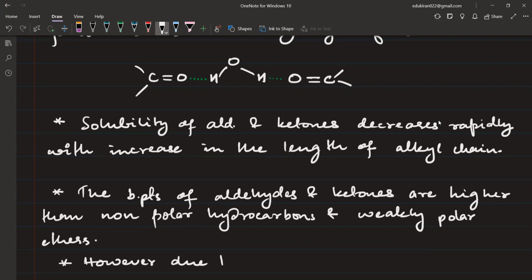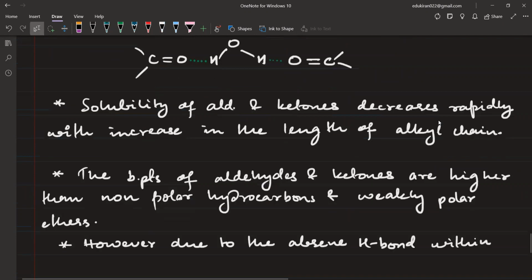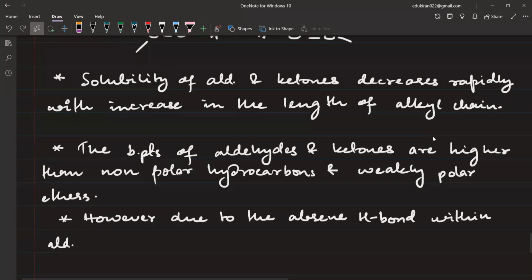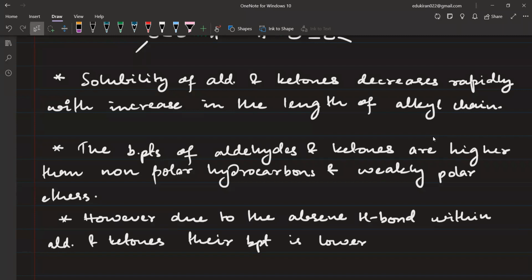However, due to the absence of hydrogen bonding within aldehydes and ketones, their boiling point is lower than corresponding alcohols.